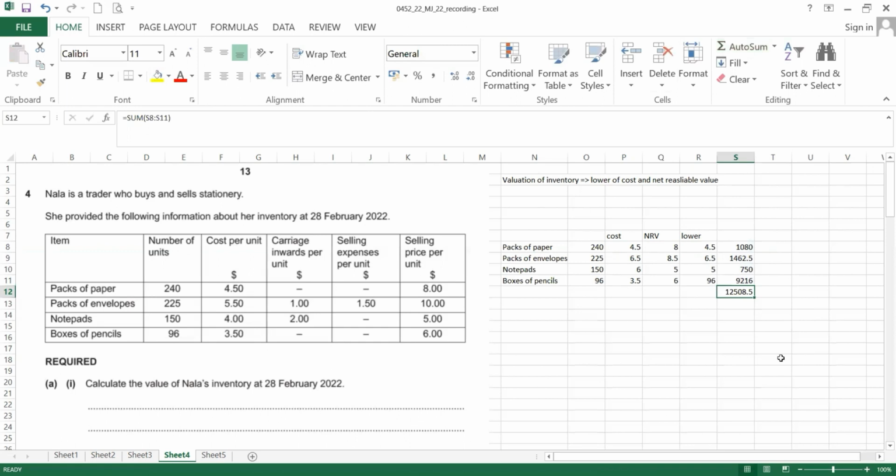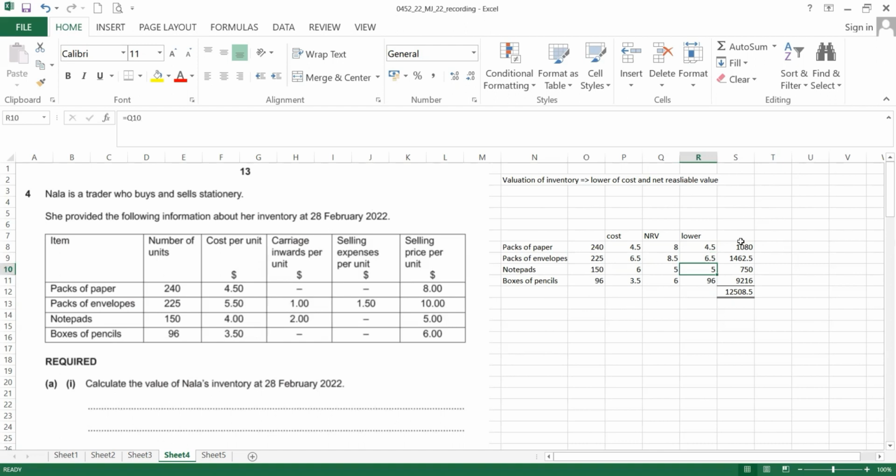Okay, let me see where's my mistake. Okay, 225. Here is $6. Here is $8.